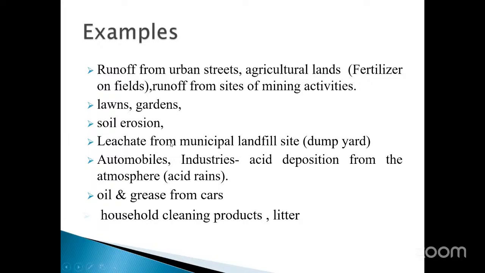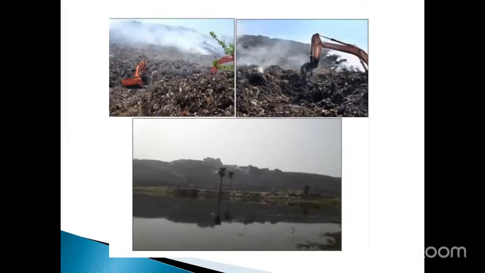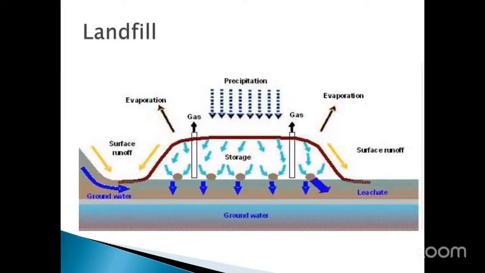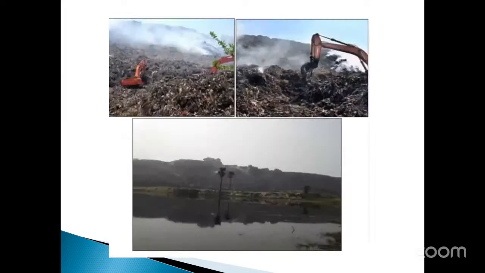The next example is leachate from municipal landfill sites and automobile industries, and acid deposition from the atmosphere. Acid rains are also examples of the non-point source of water pollution. Oil and grease from cars and household cleaning products are also examples.